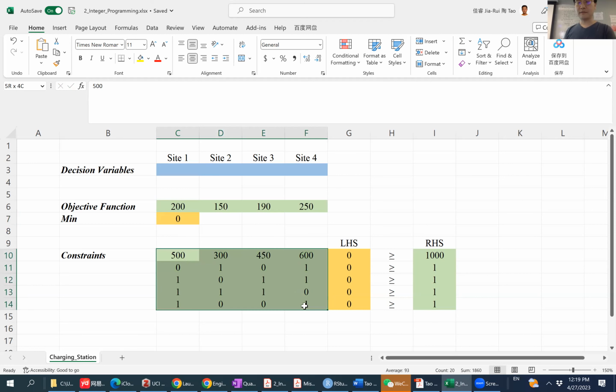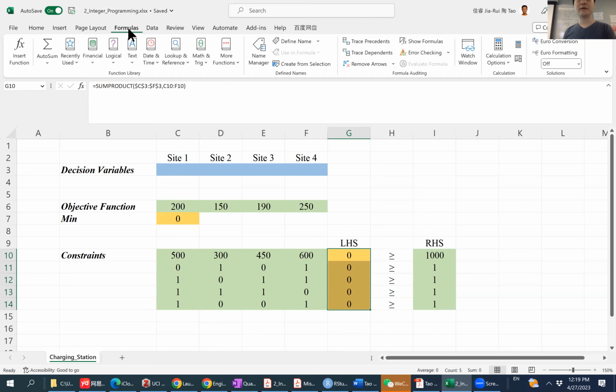We do the same for the left-hand side values of the constraints. These left-hand side values, as shown in yellow, are all function cells. You can confirm whether you defined the cell as a function or not by going to the Formulas tab, where there is a button called Show Formulas in the Formula Auditing section.